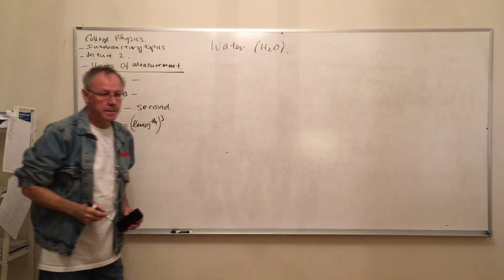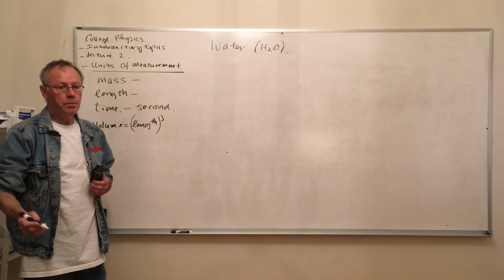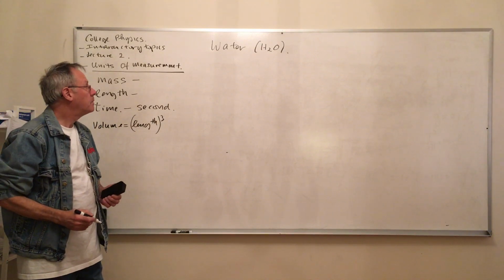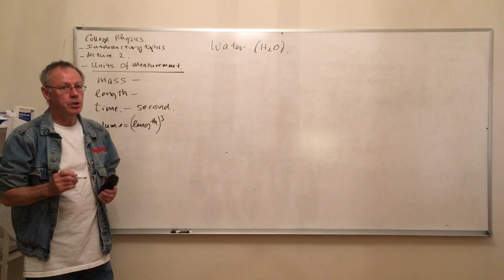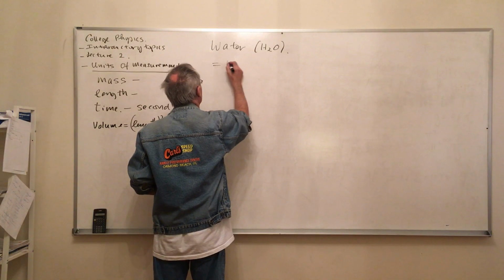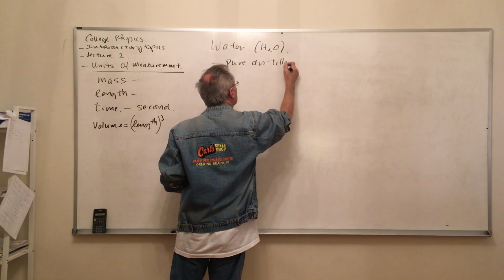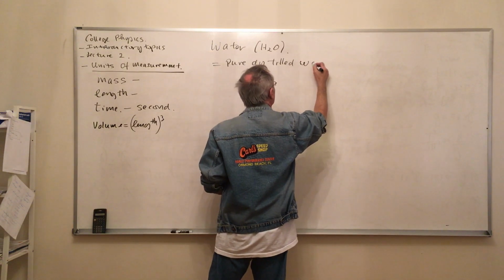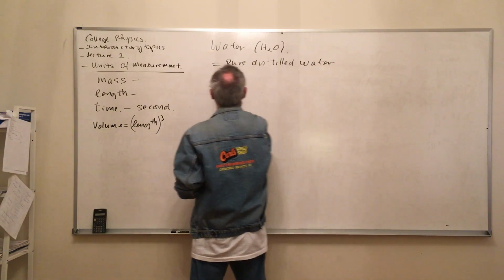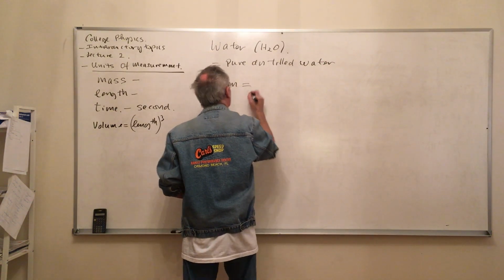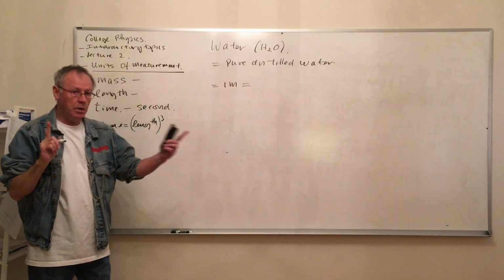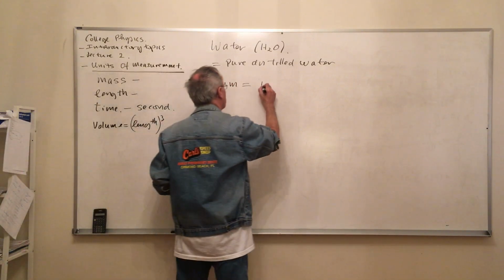Water is all over the place, but it's not necessarily pure. It's not distilled. But at a standard temperature and pressure, we can take pure distilled water. Now we'll divide our meter into 100 equal parts.